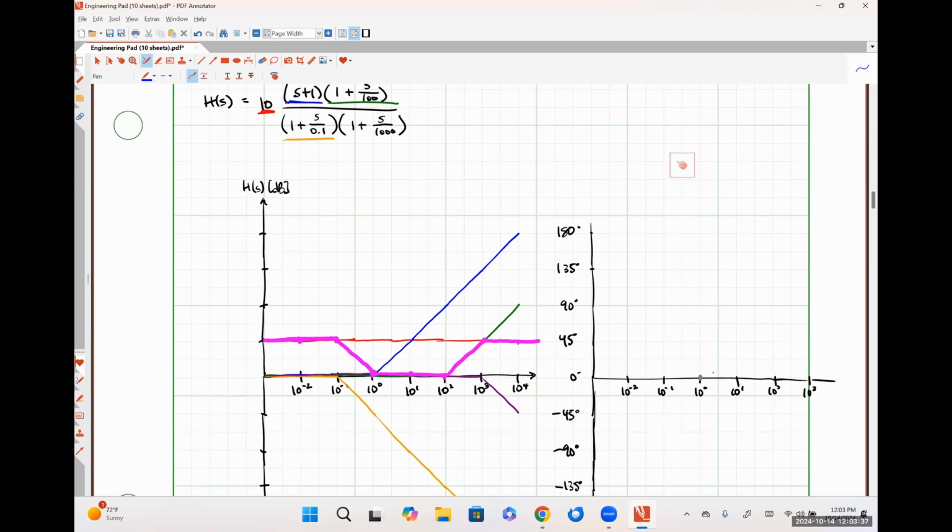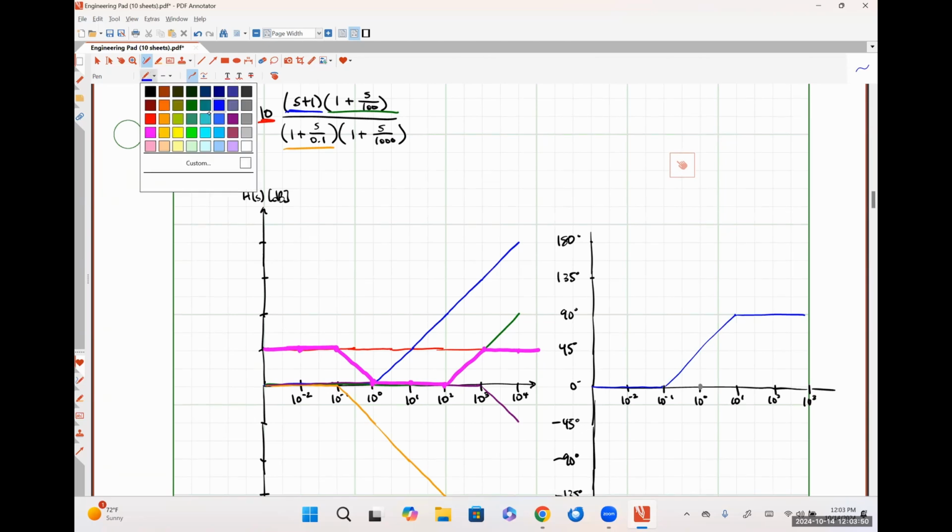Okay, so let's see. So s plus 1, we should have this. And this and this. 100. 0.1.